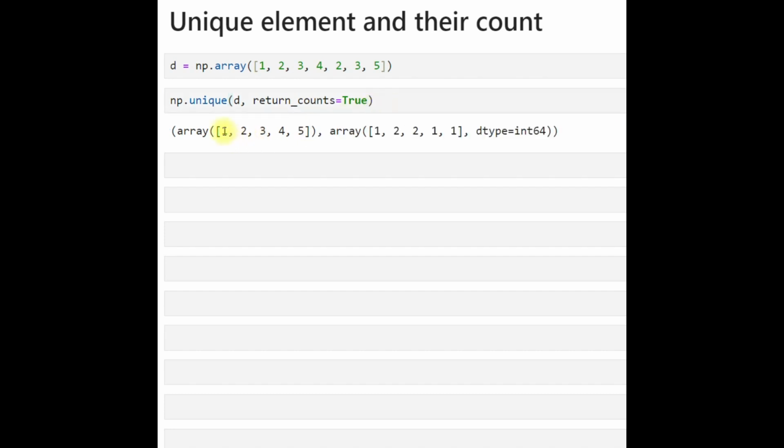So you can see 1 has not been repeated, so it is repeated once only. 2 has come twice. 3 also has come twice. 4 and 5, since they have not been repeated, have been shown with repetition counts of 1, 1. So just by passing this additional parameter, you can identify the number of times some element has been repeated.